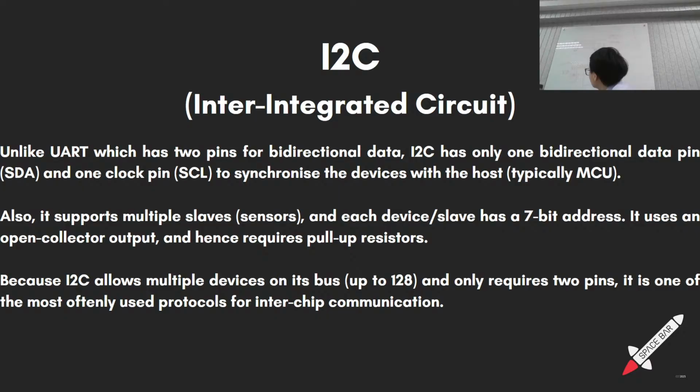Since the address is baked into the device, sometimes if you use two of the same type of device, let's say a barometer sensor which measures pressure, and the barometer has address 76 hard coded into it, when you use the same barometer on the board, it has the same address also.